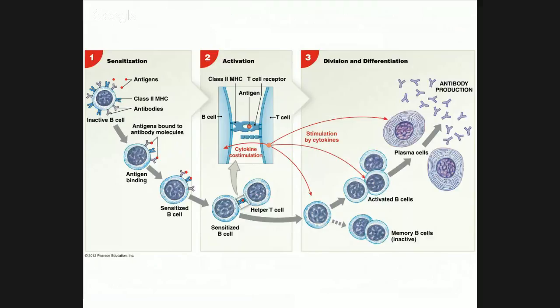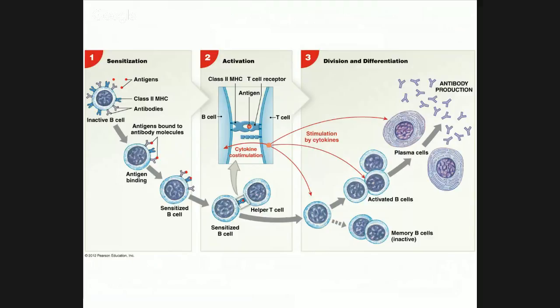And so this B cell is waiting around in your lymph nodes or whatever, waiting to finally be introduced to the antigen that it's particular for. When it is, that antigen binding will sensitize the B cell. And a sensitized B cell will show part of that antigen on its surface.